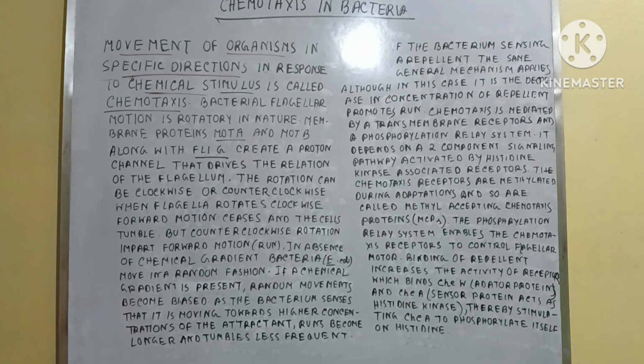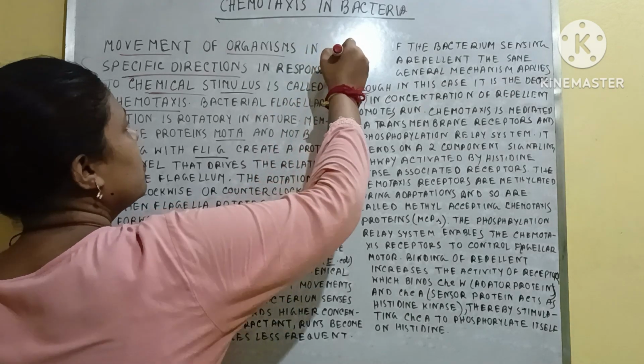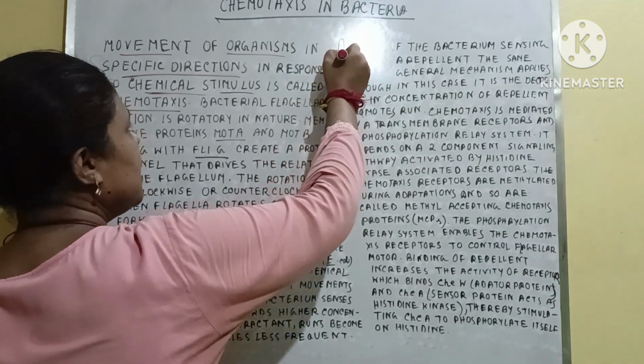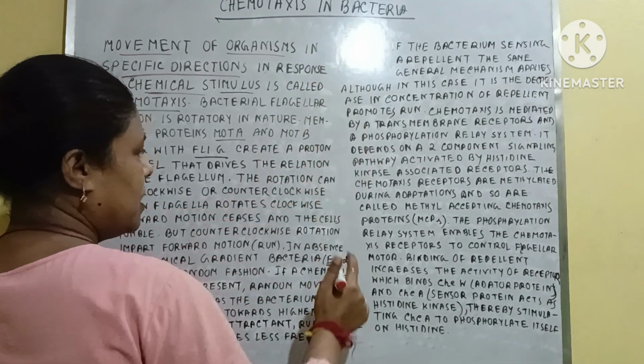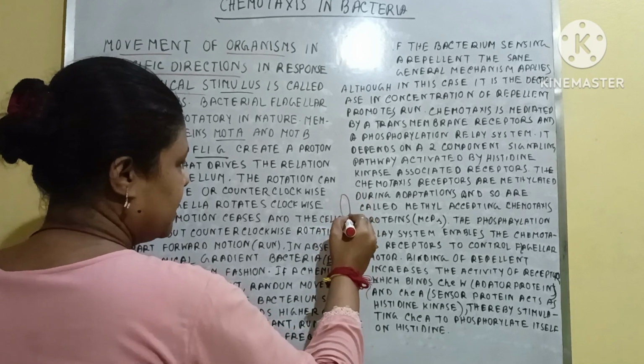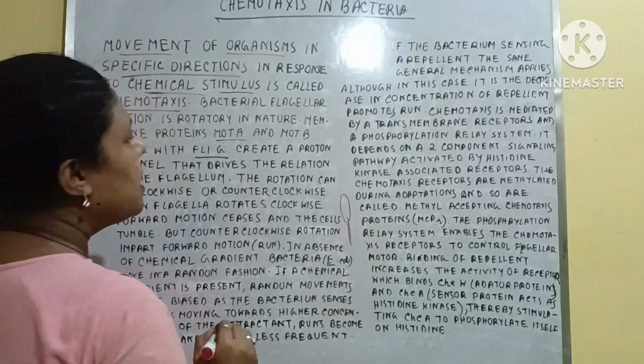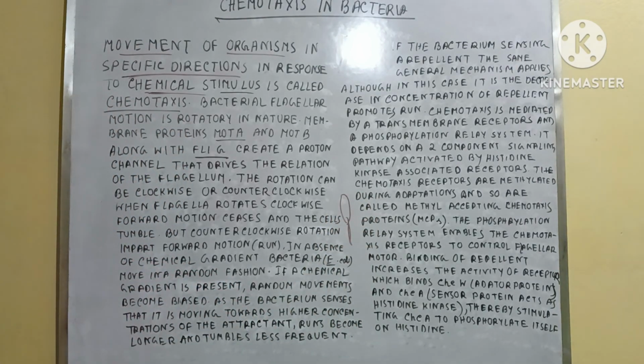Okay, so bacterial flagellar motion is rotatory in nature. So generally you all know about this. This is the bacteria and this is the flagella. The flagellar motion is rotatory in nature.